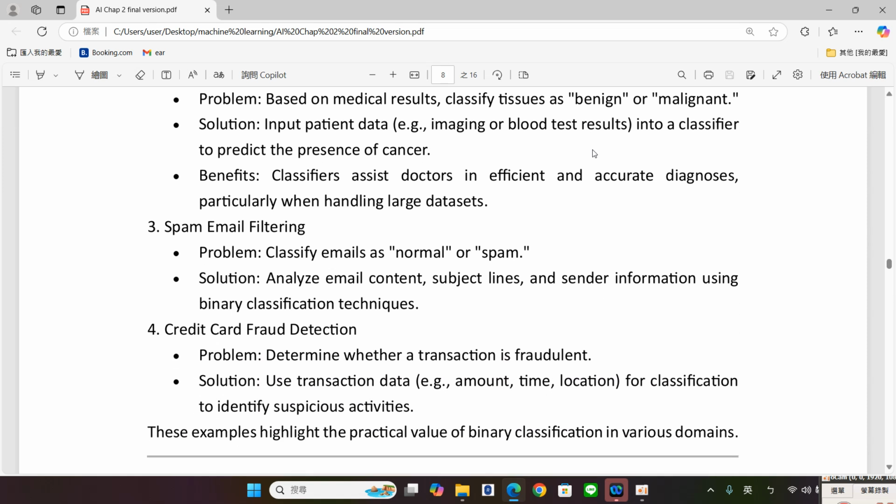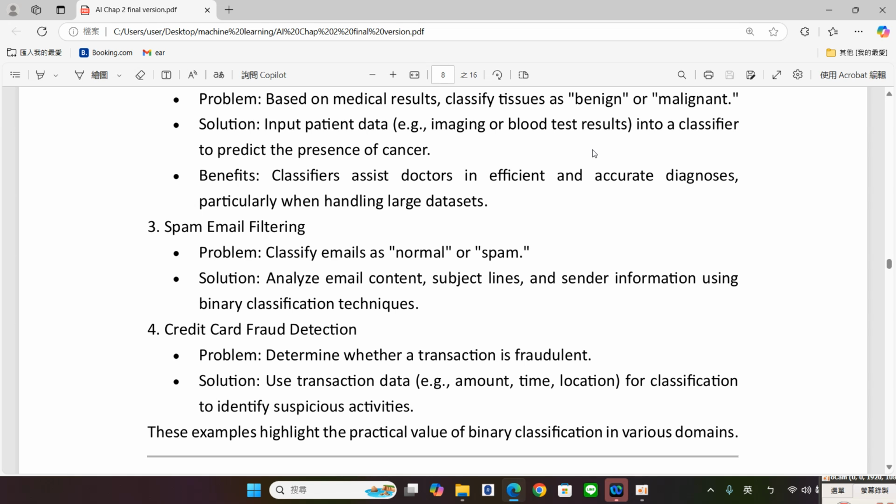Spam email filtering. The problem: classifying email as normal or spam. Solution: analyze email content, subject line, and sender information using binary classification. Credit card fraud detection.